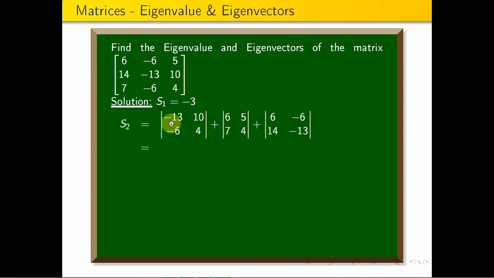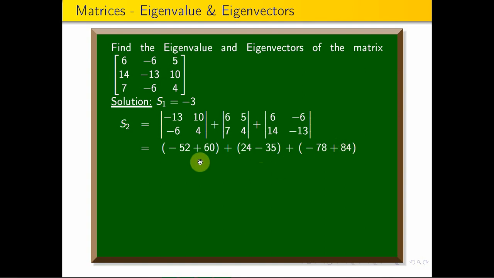Expand this: minus 13 into 4 is minus 52, minus of minus 6 into 10 is minus 60, and since one minus is already there, that becomes plus 60. Here, 6 4s are 24 minus 35, plus 13 6s are 78 minus 78, here minus minus becomes plus, 14 6s are 84.